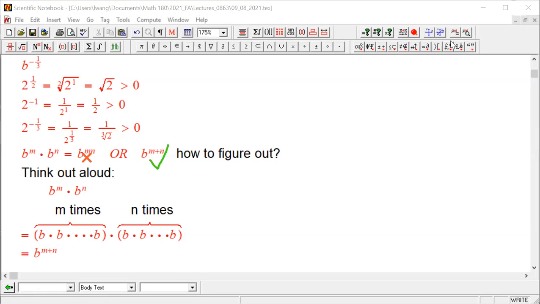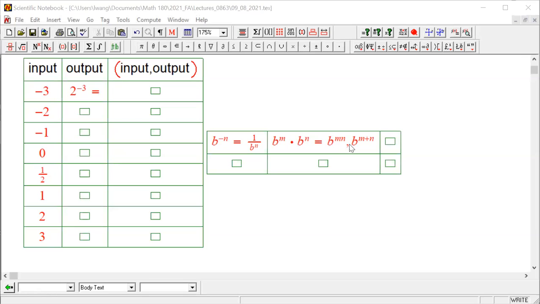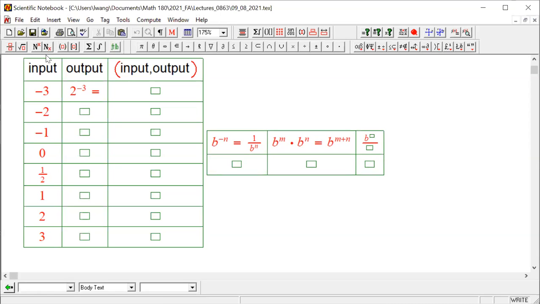There are some other properties I'd like to review with you since we're here. These properties will be pretty useful. So this one is wrong. How about b to the power m divided by b to the power n?